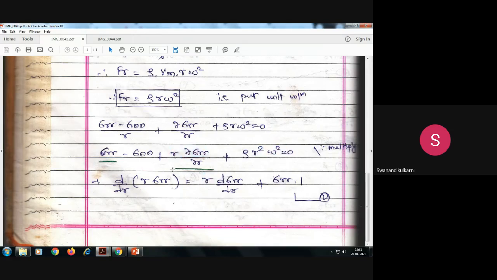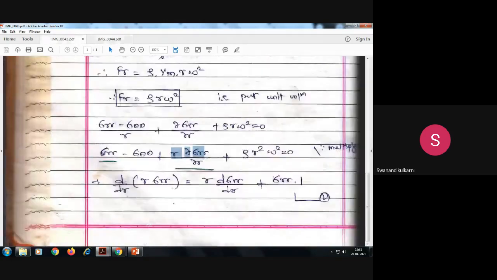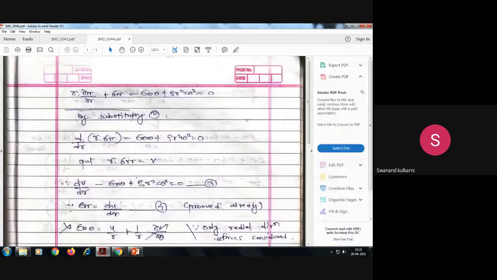Then secondly, sigma rr is also present here, and this particular part, r into dou sigma r upon dou r, is also present here. So these two terms from the previous steps we are now going to replace with this d by dr. Is it okay? So here you can see d by dr.